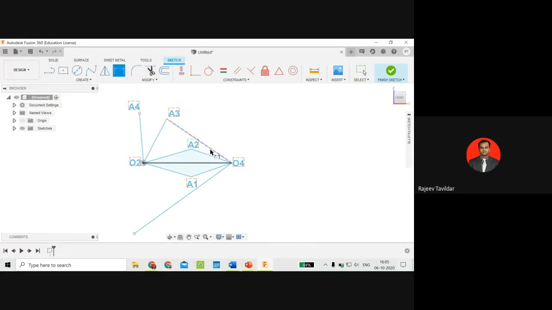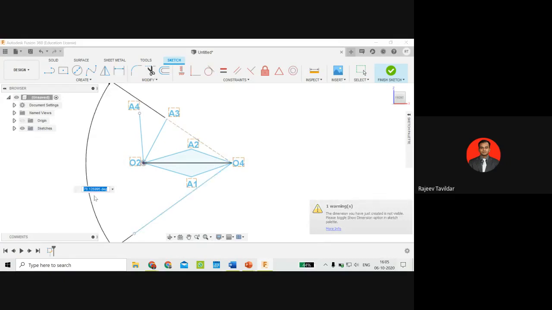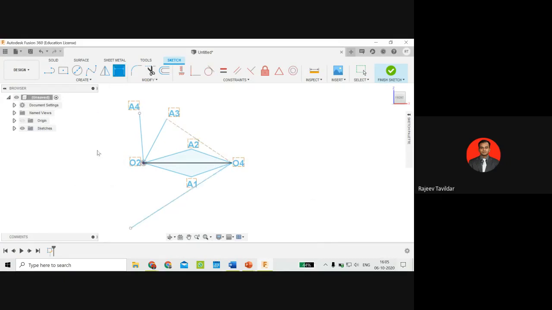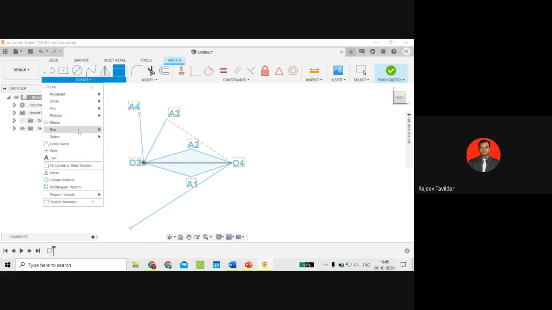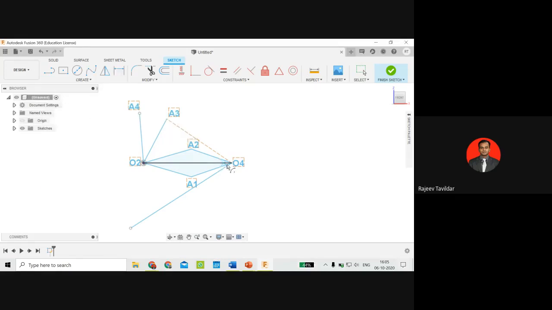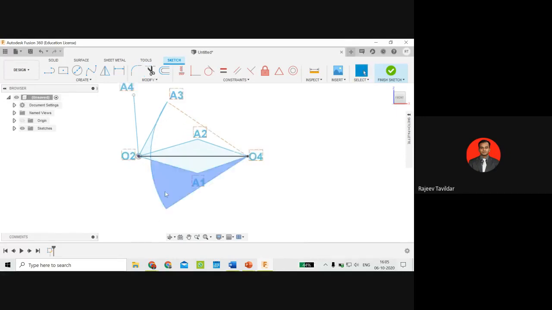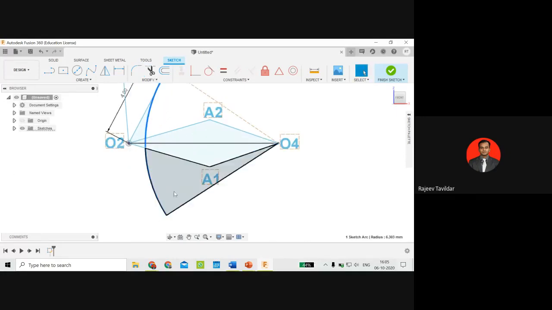Just measure this angle and this angle. This should be 67 degrees. And then I will draw an arc. We will trim off this line. Please note all these construction lines.